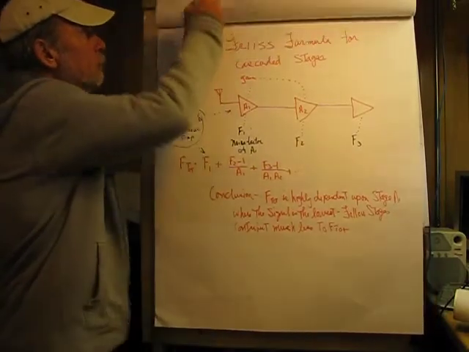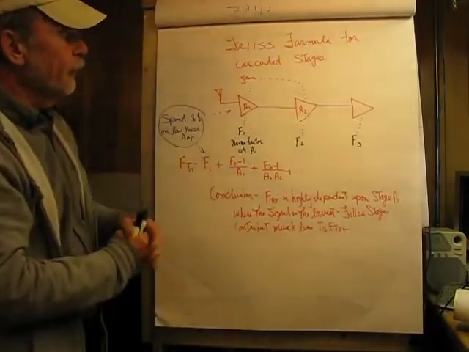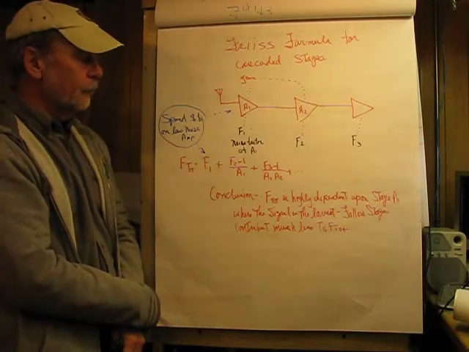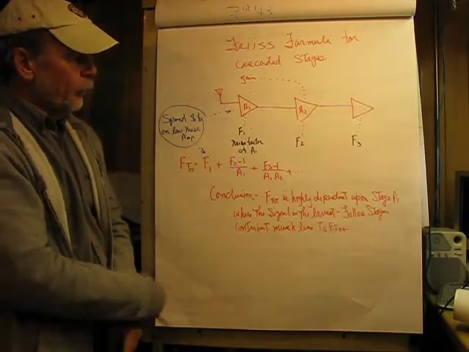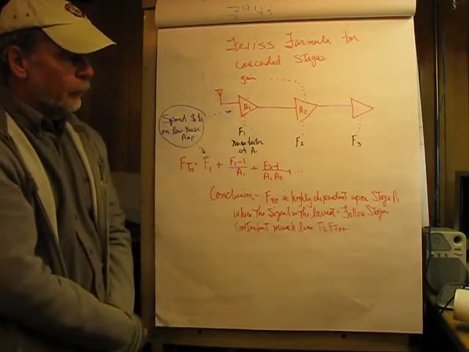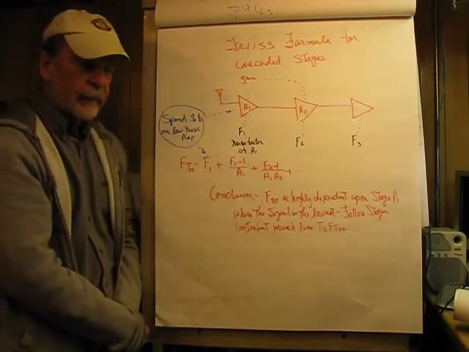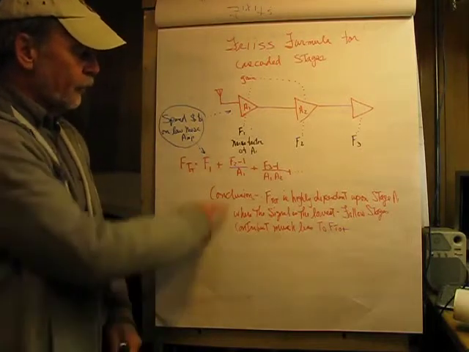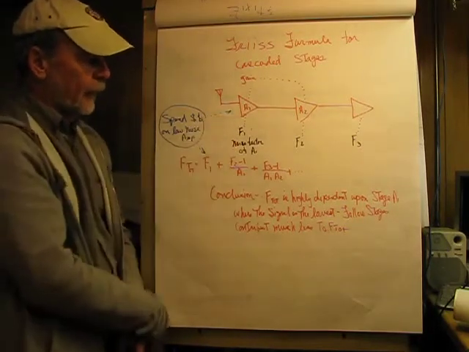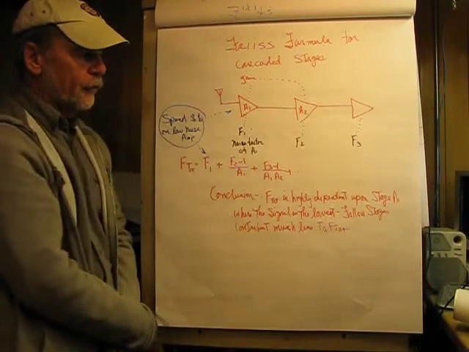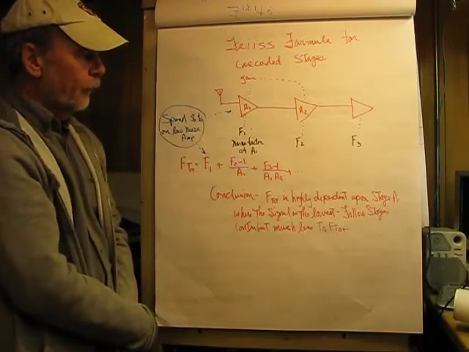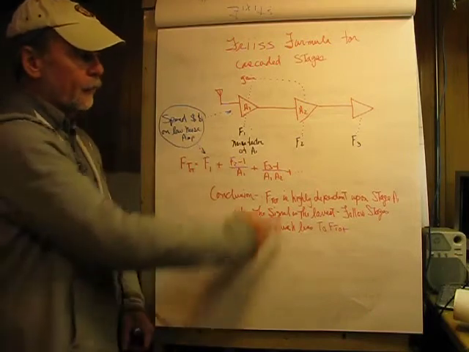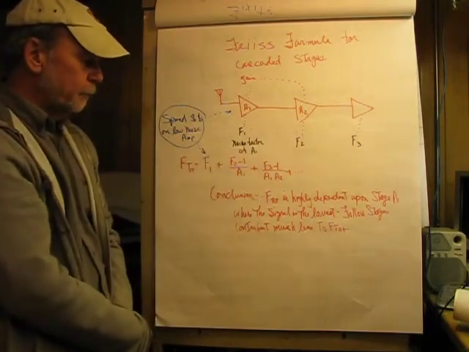Okay, it's quantified well by Friis in his formula, and what this is about is cascaded stages. And here we have an antenna, symbol for an antenna, and we're going through 3 gain stages. And the way this works out is that we have our noise factor here from the first amplifier, and F2 is the noise factor from the second, and so forth. And this stage is named A1, which is also the gain, and stage A2, which is also the gain.